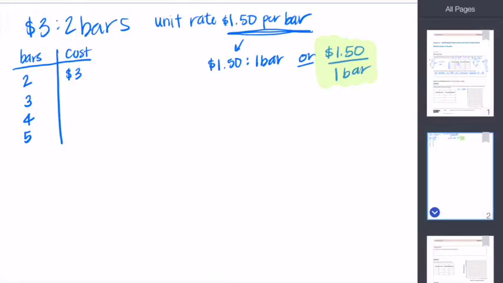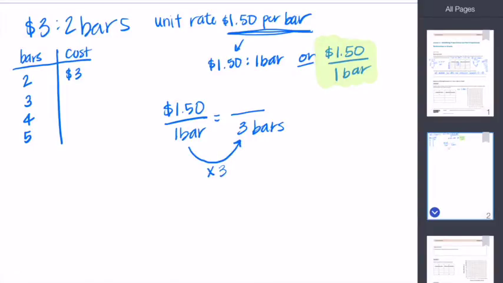So I'm going to say 150 over 1 bar. We want to find the equivalent ratio if it were 3 bars. We know if we go from 1 to 3, we need to multiply by 3. What we do to the bottom, we need to do to the top.